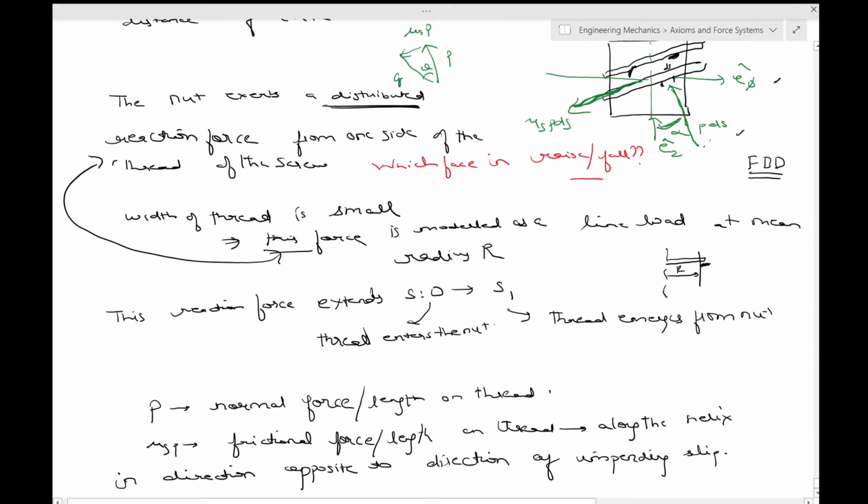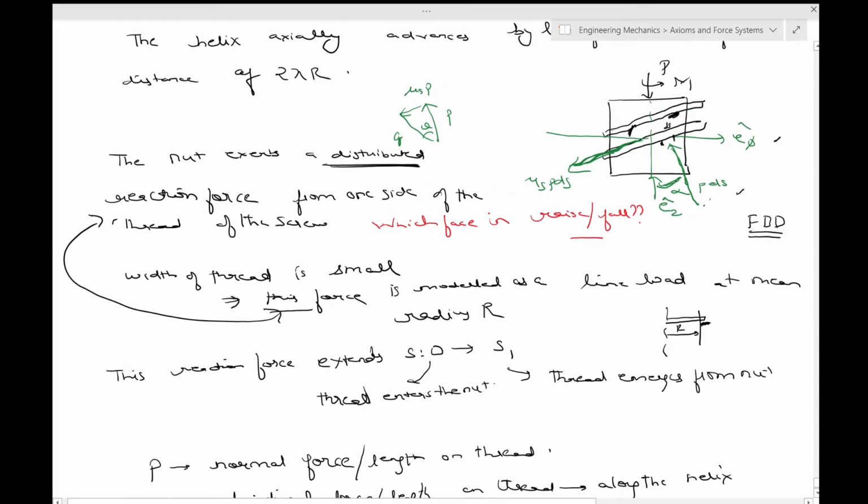So we want to now write the force dF on this small element ds. This element ds is located at a distance of r from the axis.